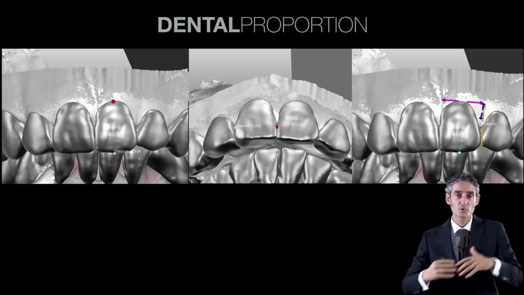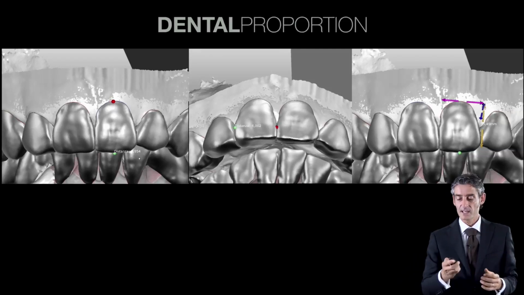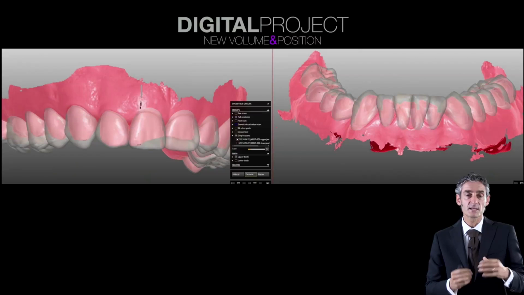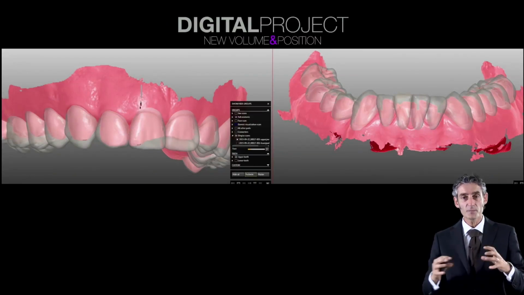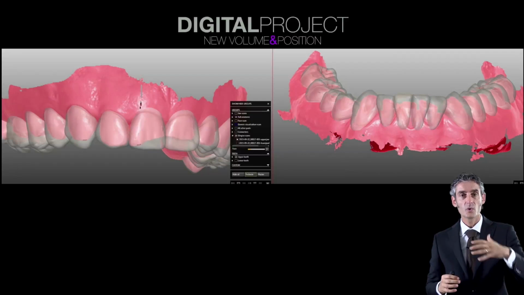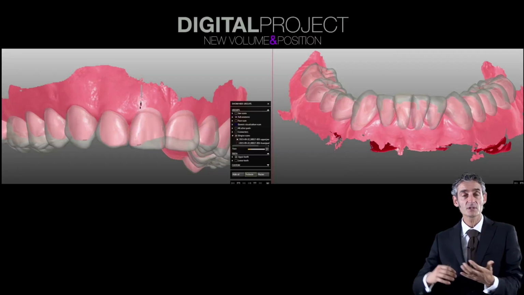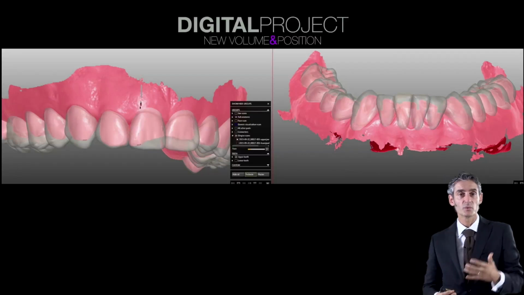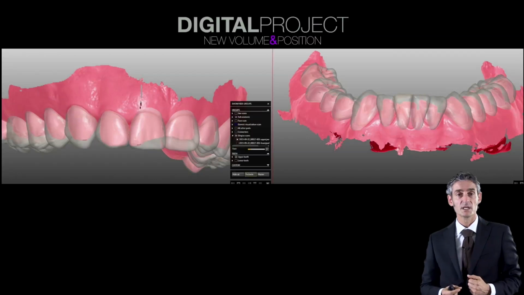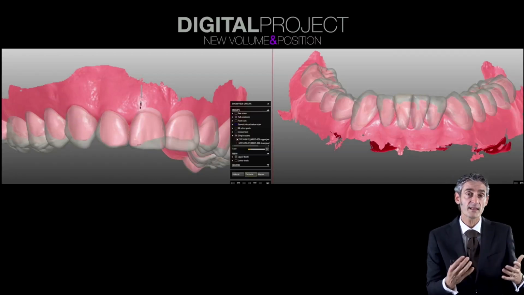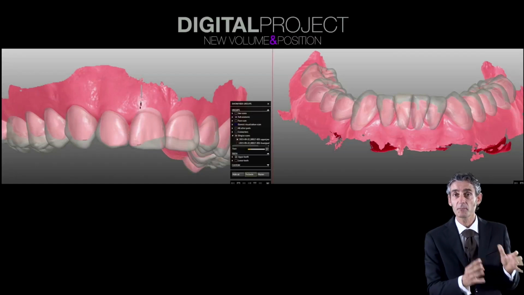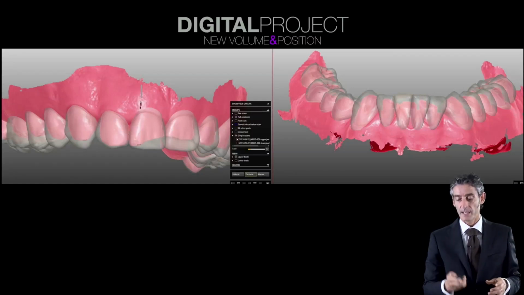We can see the proportion, we can see the anatomy, and then for sure it's interesting, for example, changing the transparency of the different objects. We can see the shape of the final restoration compared with what we have in the mouth. And so we can understand, for example, how much tissue we have to remove, if there is enough keratinized tissue for a crown lengthening, or if we have to do an apical repositioning flap, and much more.